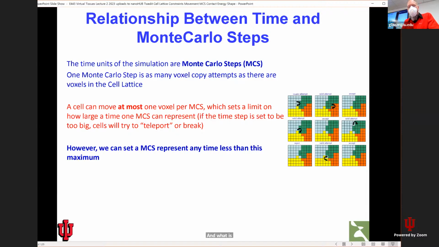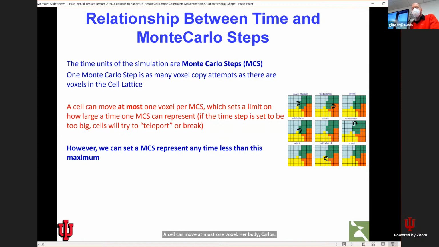One Monte Carlo step consists of, if my lattice has, say, 1,000 by 1,000 voxels in it, I have 1 million lattice sites. If I try to do 1 million voxel copies, that is one time step. That is the natural time step defined in the simulation. A cell can move at most 1 voxel per Monte Carlo step.